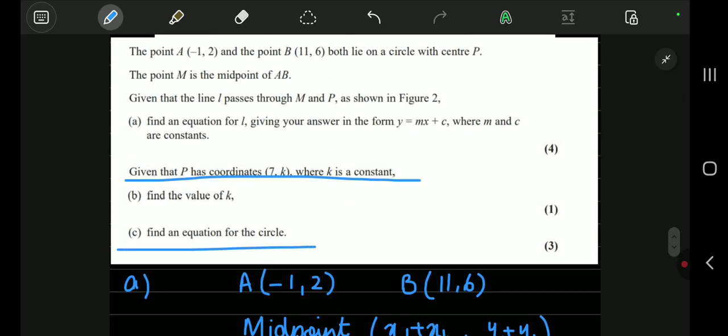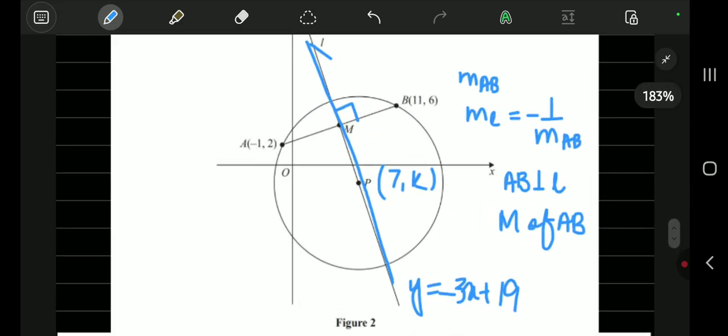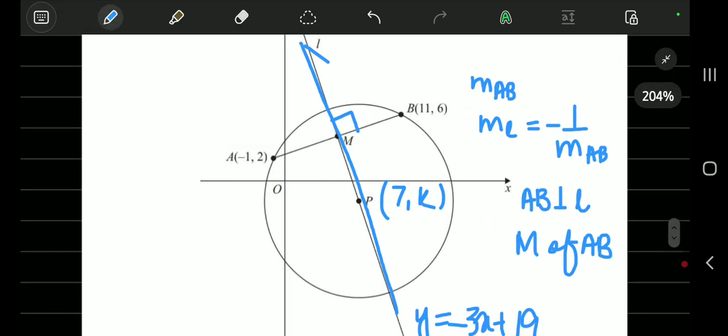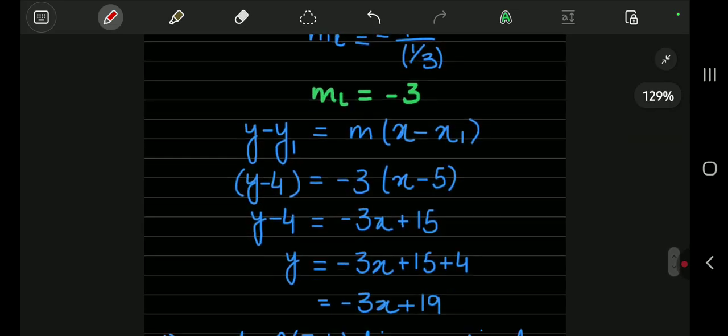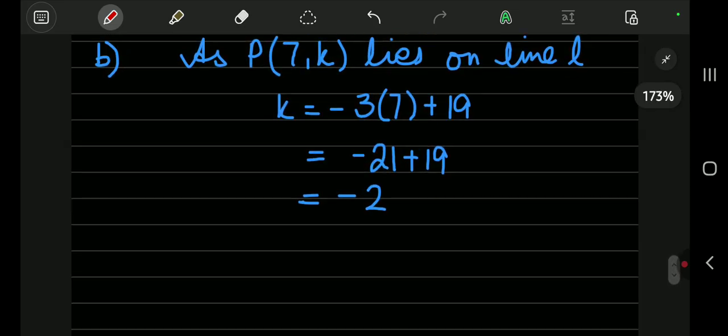Lastly, the equation of the circle. Now that we know the center, we just need to find the radius, which we were attempting to do. This is your radius. You can find this radius and then write down your equation. Sorry, -2. So you can find AP or PB to find the radius.